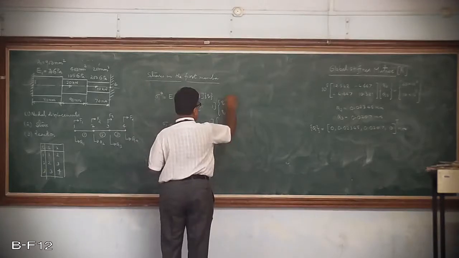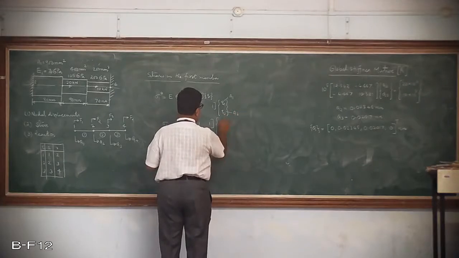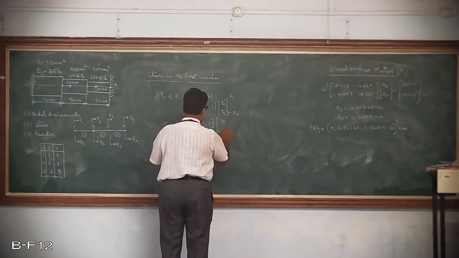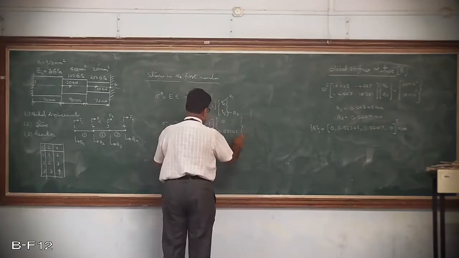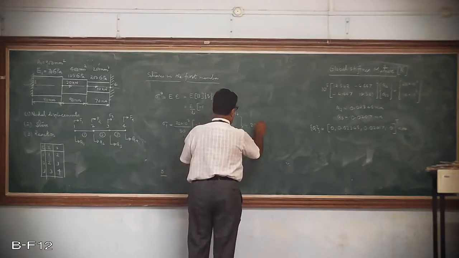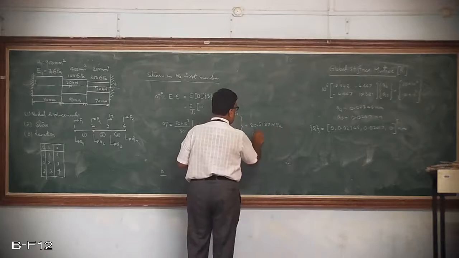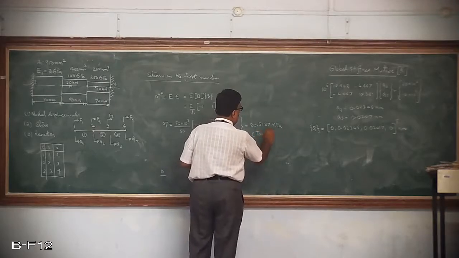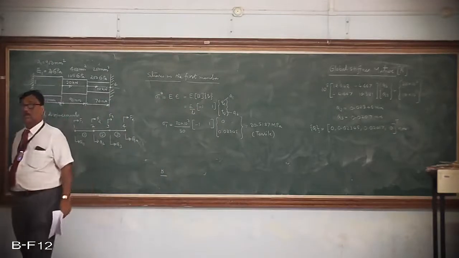For the first member it is Q1 and Q2, so I will put Q1 as 0 and Q2 as 0.02345. If you do this, you will get the corresponding stress in the first member, 5187 megapascal. Please look here, since you are getting a positive number, it indicates that the first member is tensile in nature.